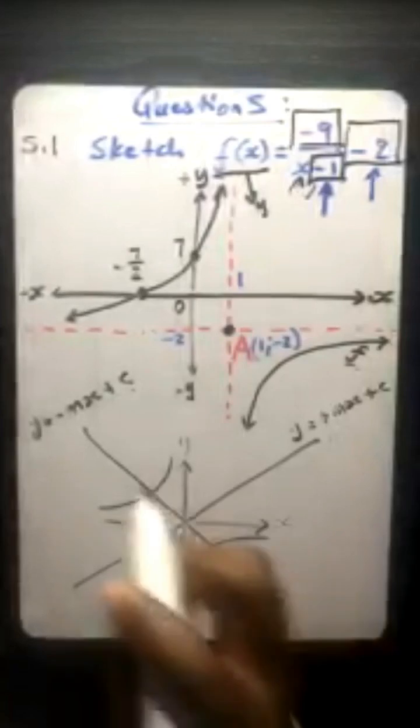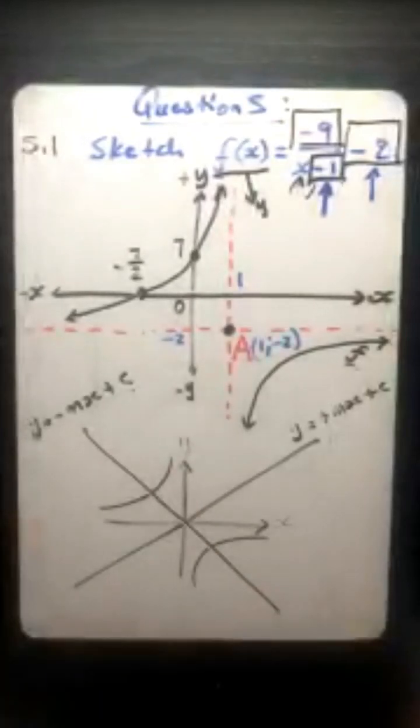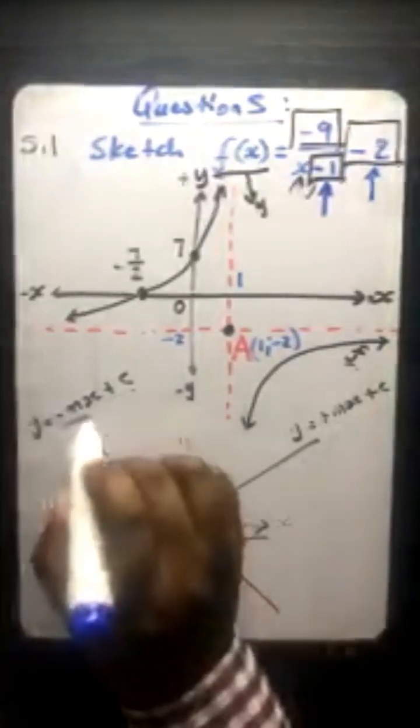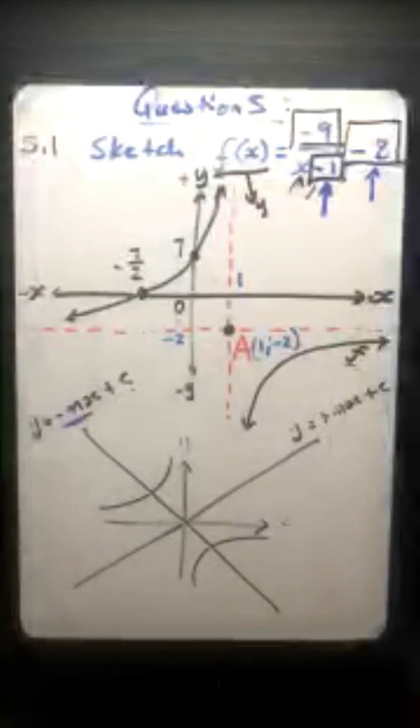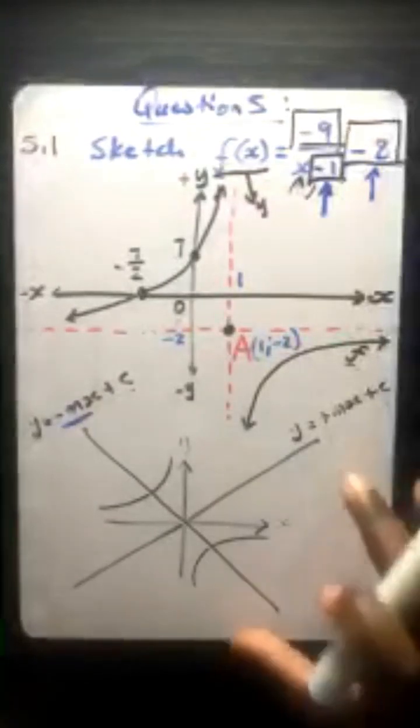Yes. And because it is a straight line, then you know that it actually has a negative gradient. I think I'll have to also do a special lesson where I focus on this.